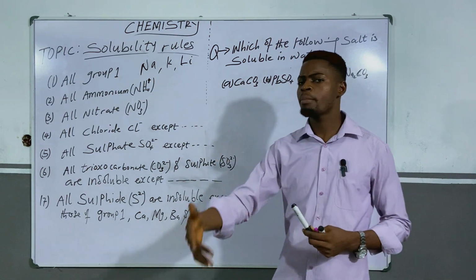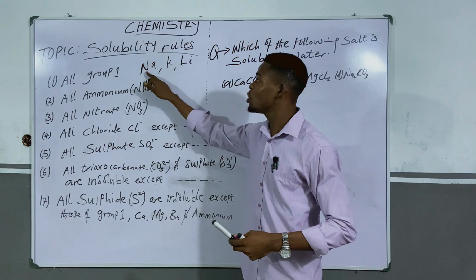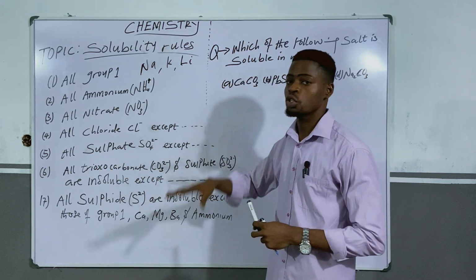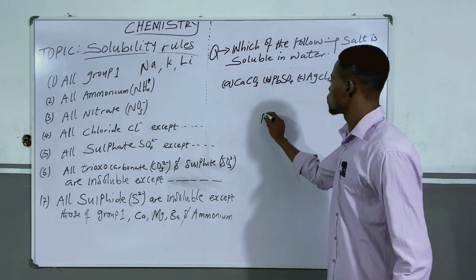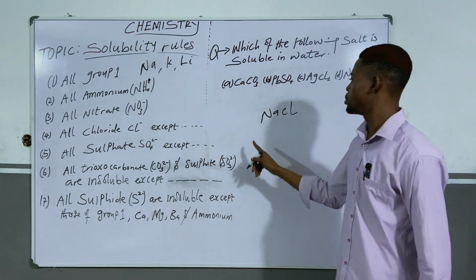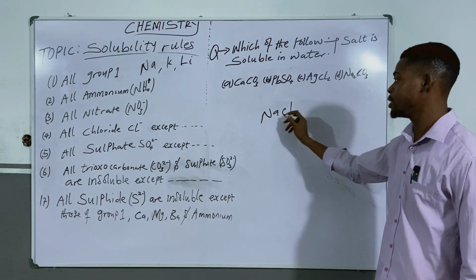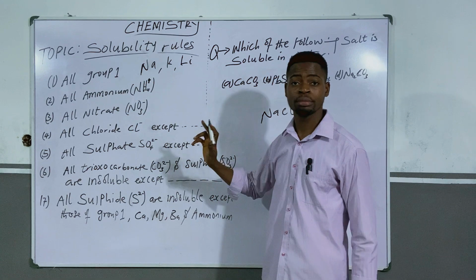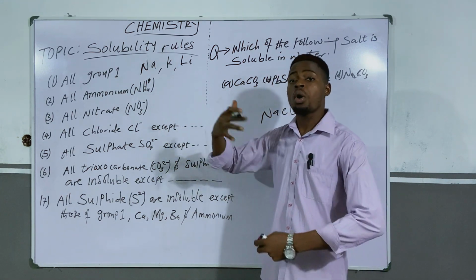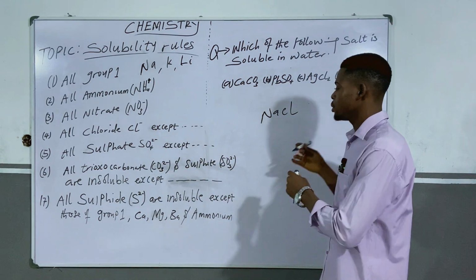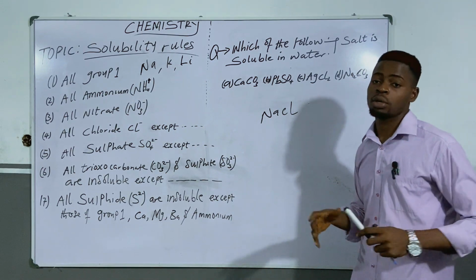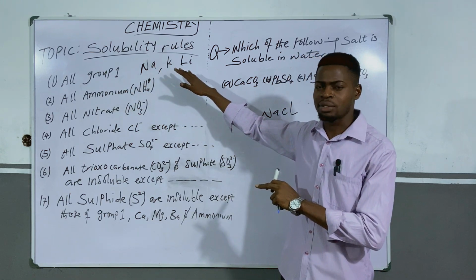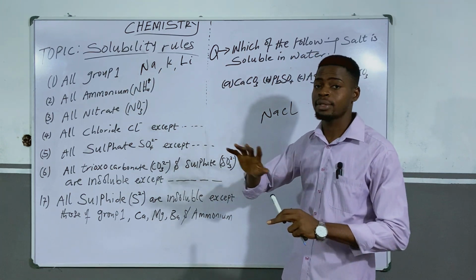So when you have a compound or a salt with any of these elements, it implies that such a compound is soluble in water, like sodium chloride. Because we have sodium here, it is soluble in water. We don't have any exception for that.